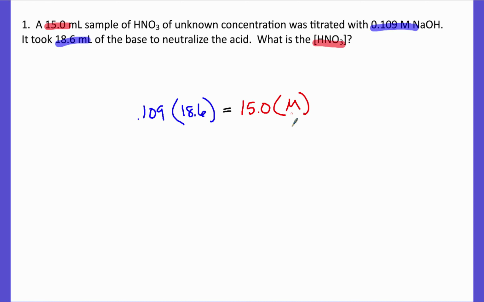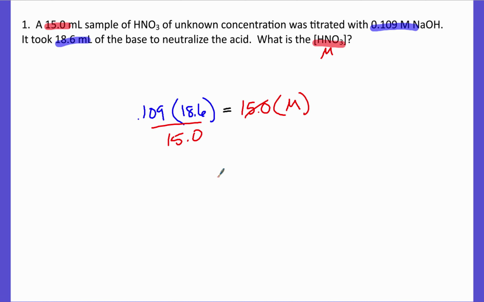That's my X. I can just use an M for that. Doesn't really matter. Since it's supposed to be a molarity, that's why I'm using an M. But just solve for what's missing. So divide the 15 across, and you can get your answer.